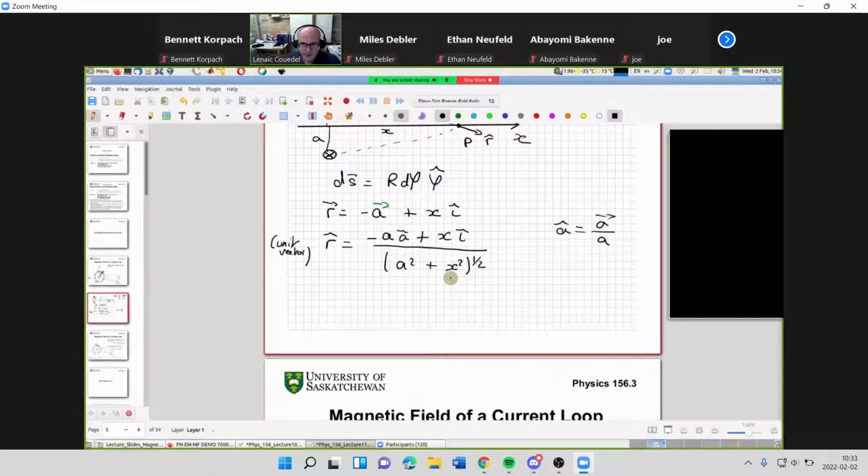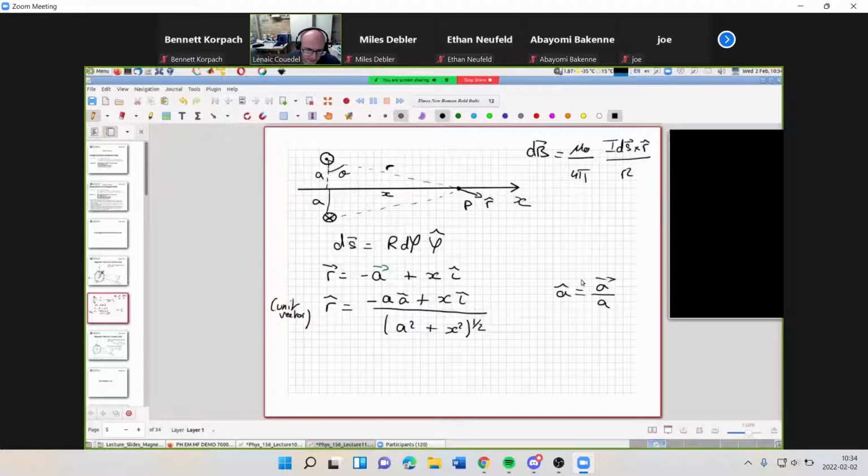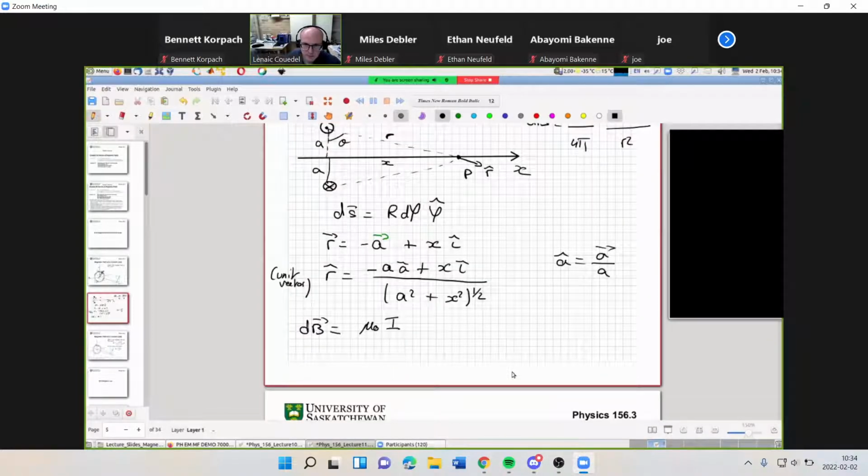So now I can inject this in my Biot and Savart law, and we'll get dB equal to mu0 I ds, so it's r d phi, divided by 4 pi a square plus x square.